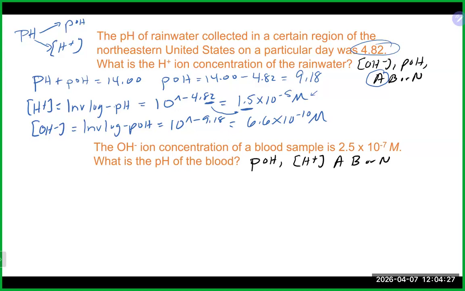All right, taking a look at the second one, we have the OH- concentration given to us. So once again, directly from the OH-, we could get the pOH, obviously, and we could also get the H+ concentration. In this particular case, we'll go with the pOH first. pOH is minus the log of the OH- concentration. So that's going to be minus the log of, looks like, 2.5 times 10 to the minus 7.